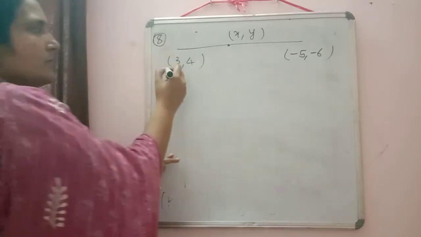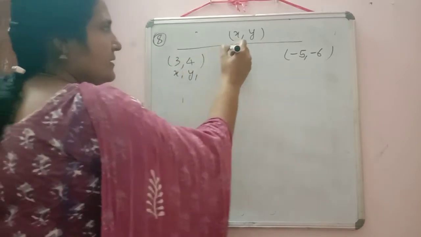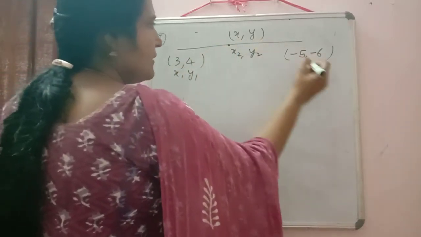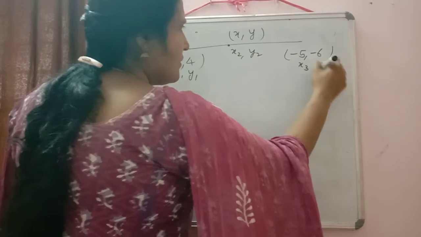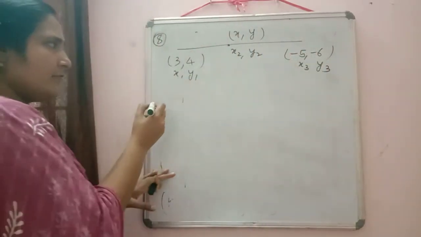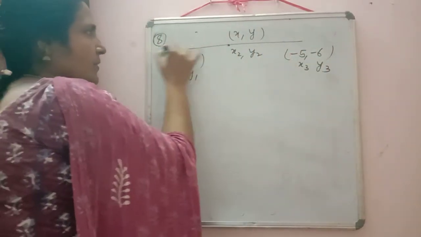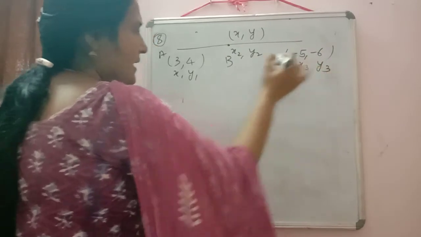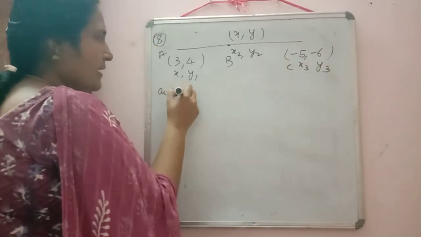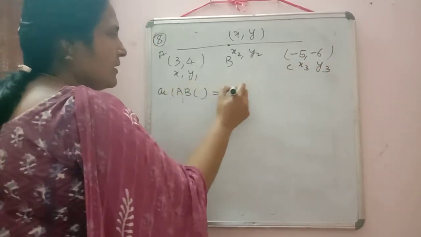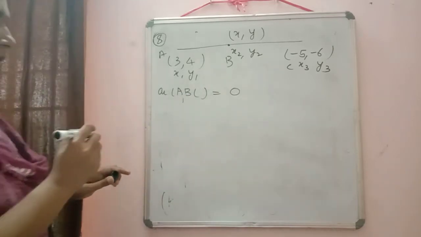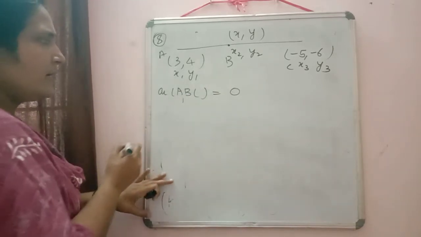So again we are using the concept area of triangle is equal to 0. So I wrote the points here. Now we are writing the formula. So if this is the point A, B, C, we will write here area of triangle ABC is equal to 0.